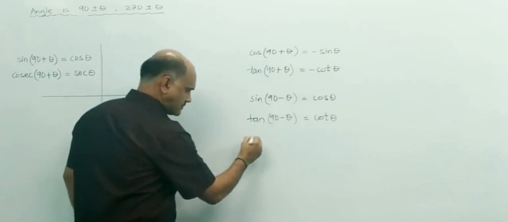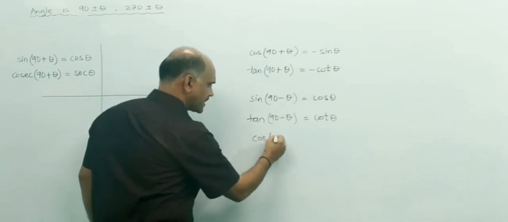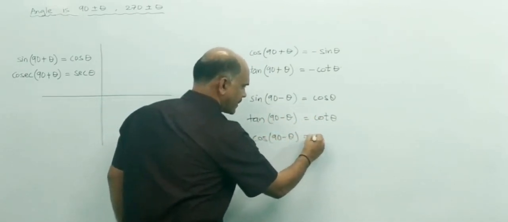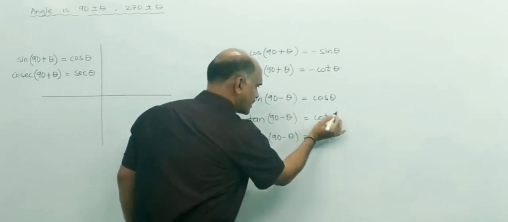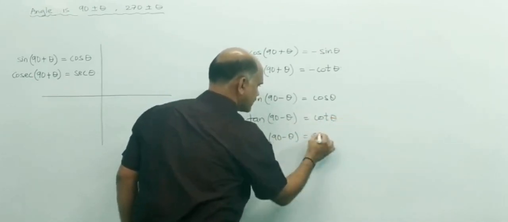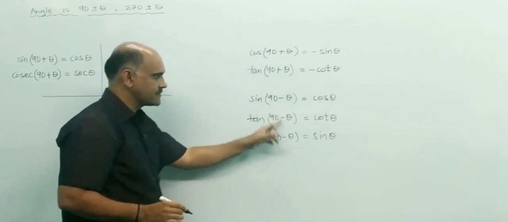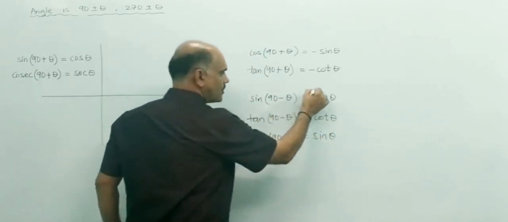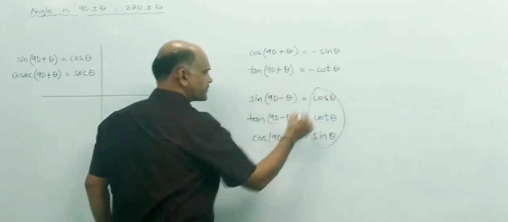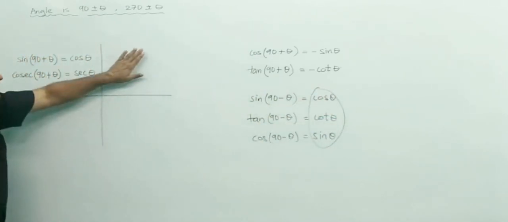Even if you take cos 90 minus theta, it will be sine theta. So 90 minus means it will come in first quadrant and all the functions will be positive over here.